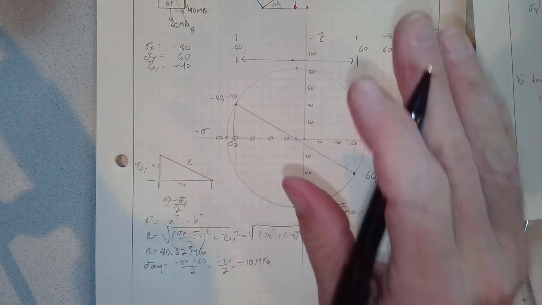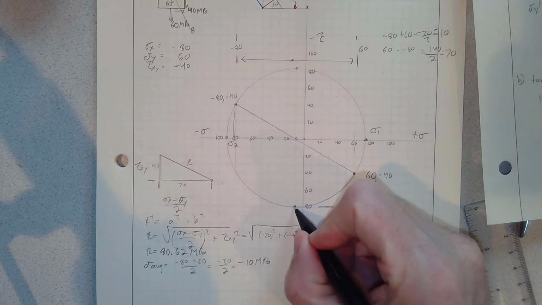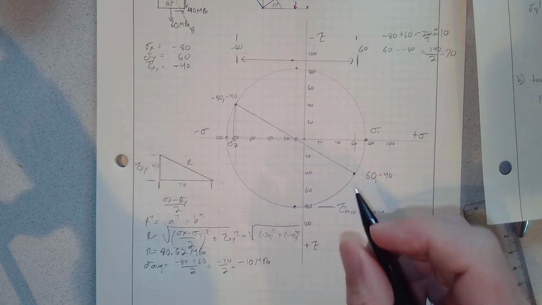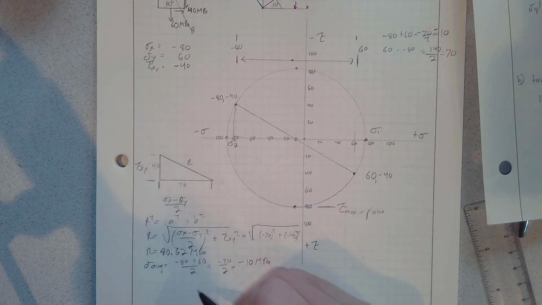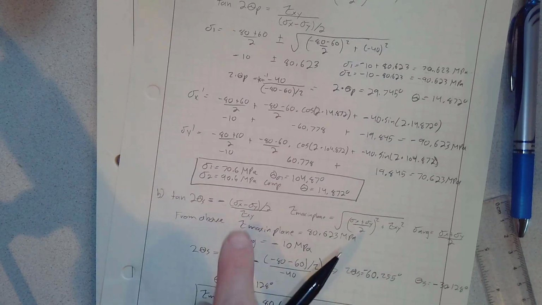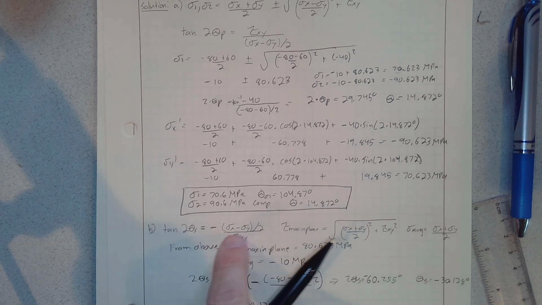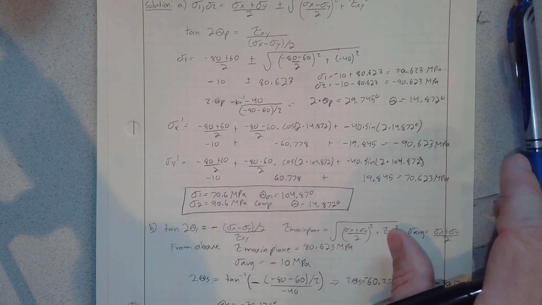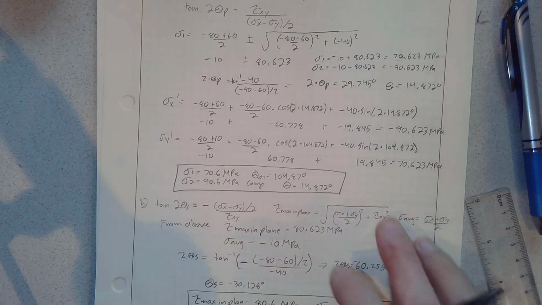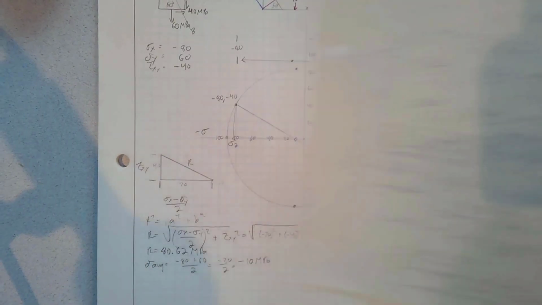And actually we still have a lot of information that we can find from the circle, but let's go ahead and find the plane of maximum in-plane shear stress down here, since we've kind of started working towards that one. If you remember back, we have an equation that does that. It's tan 2 theta s equals sigma x minus sigma y divided by 2 tau xy. So we've solved that previously. Let's see what happens if we do the same thing using Mohr's circle.